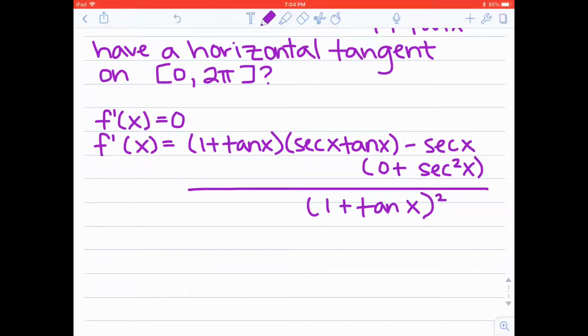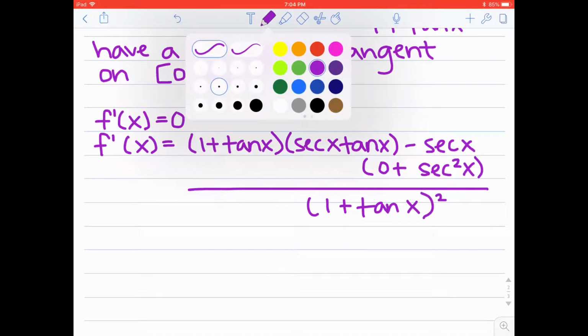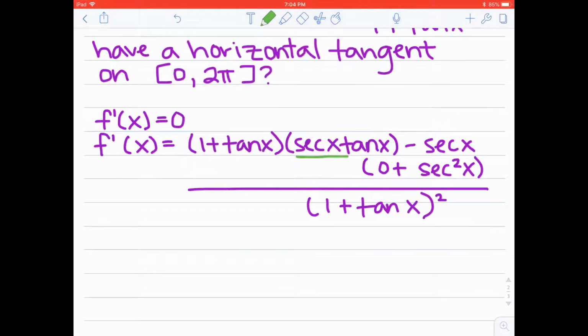So for the top, I'm going to simplify this some. Let me show my work here. I'll do green. I'm going to take this and distribute it to those two pieces.